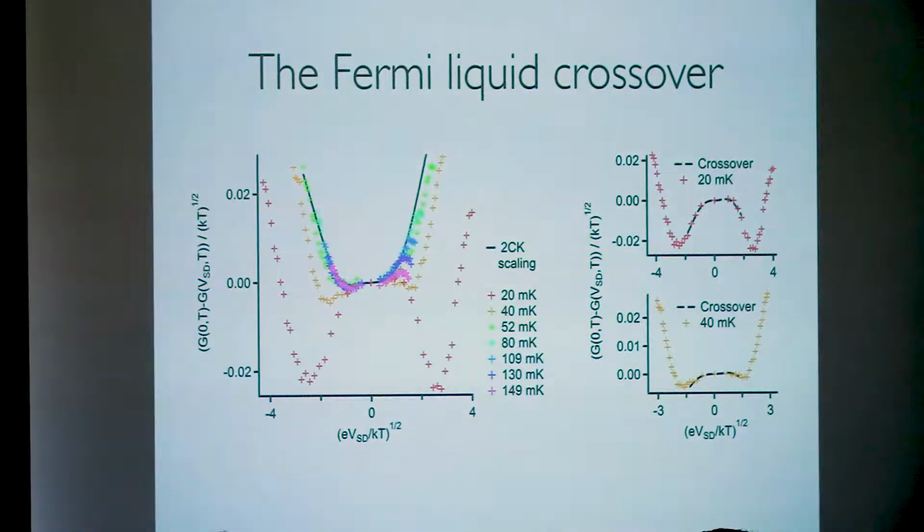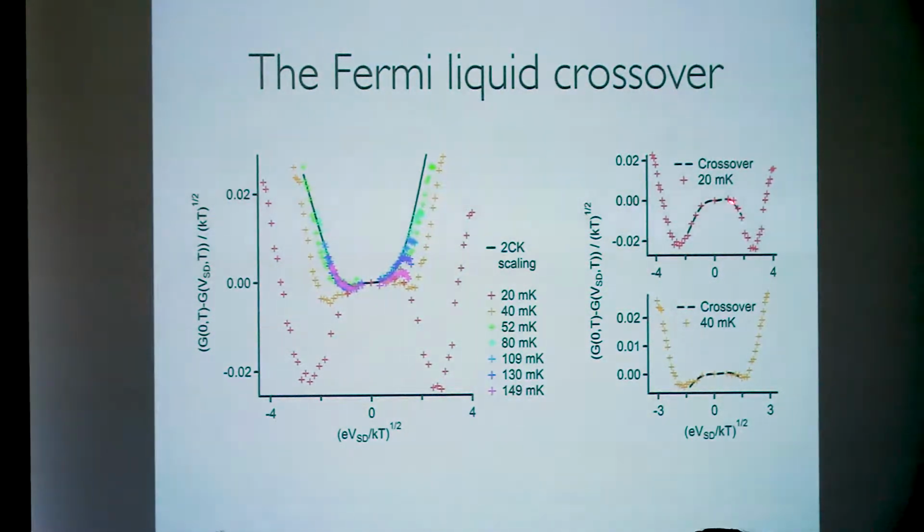Now, when we look a little bit away from this line, say by tuning the big dot gate voltage a little bit, we still have a scaling collapse at high temperatures. But below some characteristic temperature, which I called T star on an earlier slide, you start to get very dramatic deviations from this scaling collapse. These deviations correspond to the crossover to the Fermi liquid state that happens as you go low in temperature.